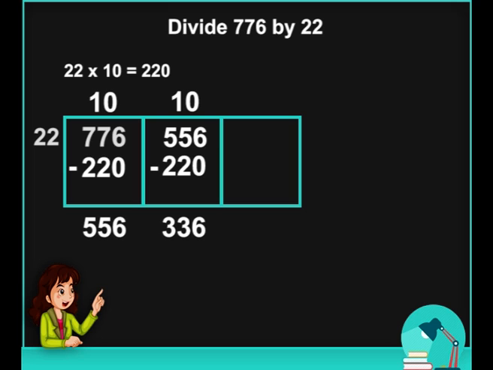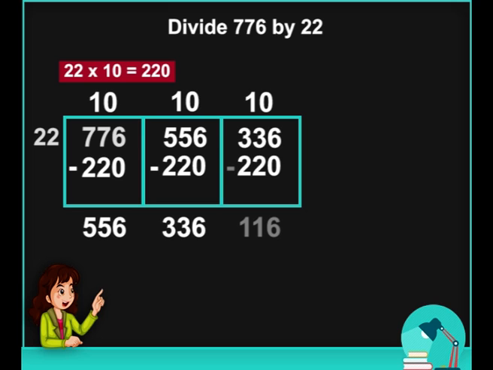Add an additional box towards the right hand side and write 336 as the new dividend in the new box. Let's go with 10 again. 10 multiplied by 22 gives 220. Write 220 below 336 and subtract.